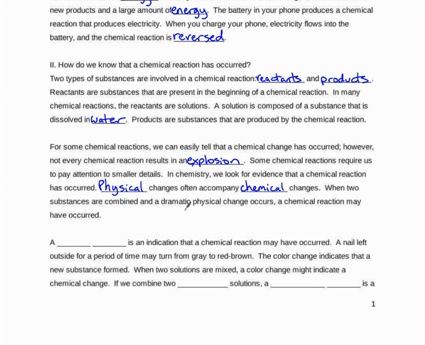So the first one of these pieces of evidence is a color change. A color change is a pretty good indication that a chemical reaction may have occurred. For instance, a nail that gets left outside for a long period of time. It may turn from gray, that metallic color, to reddish brown. The color change indicates that a new substance formed.